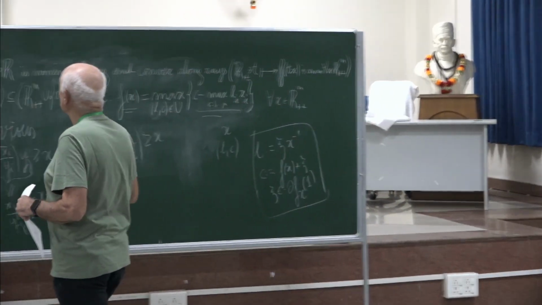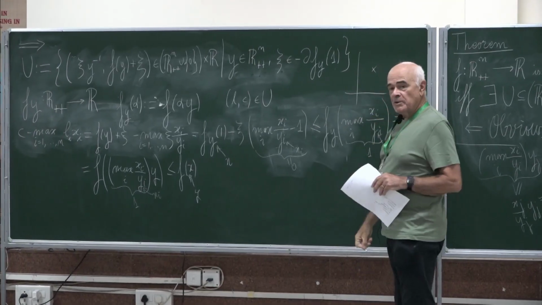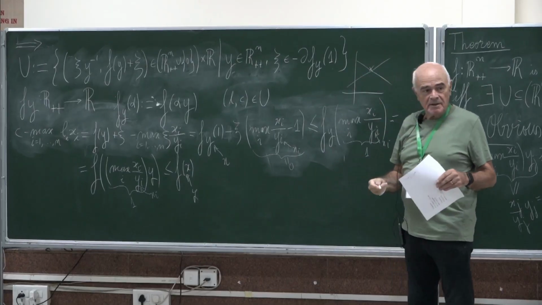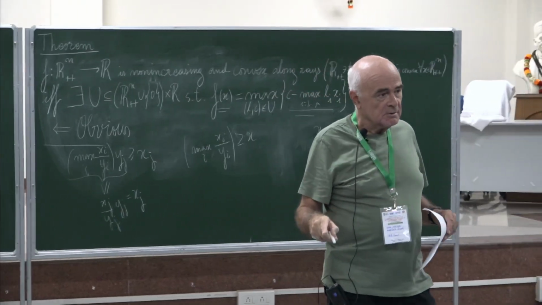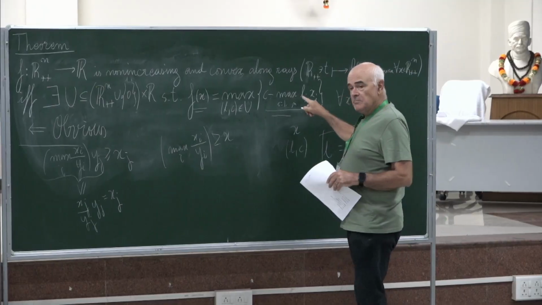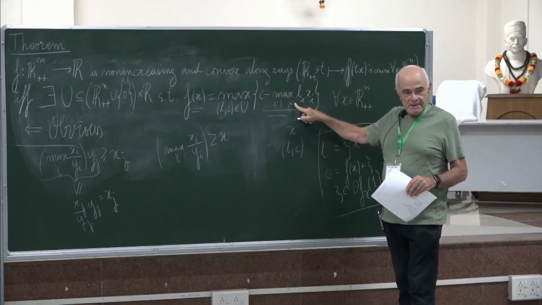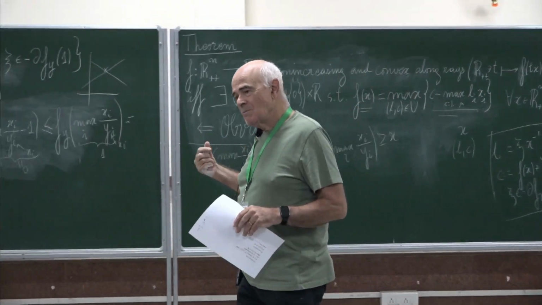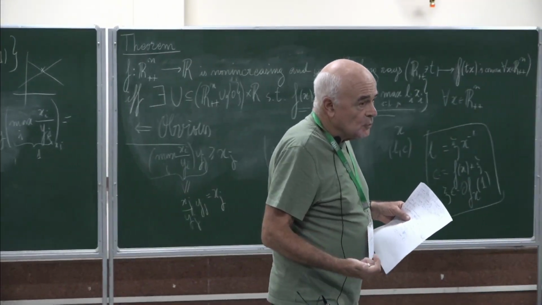So if I tell you I have a convex function, and this is a point in the graph, you cannot tell me what a subgradient is. It can be anything. You know there exists one, but you need local information around the point. Here not. I'm just taking L_i, which depends only on x, not on the behavior of the function around. So somehow this theory is less powerful because of that.